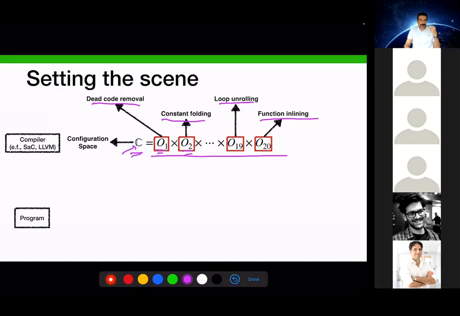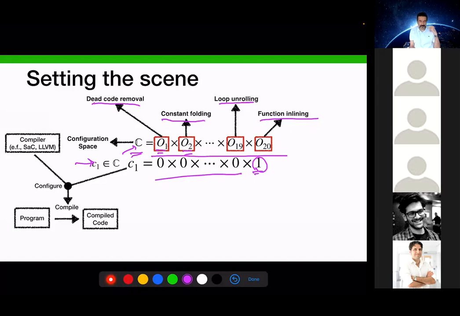And then we have a program for which we configure the compiler. In this case, we enable function inlining, and we disable all other optimizations available for this compiler. Then we compile this program with a specific configuration of this compiler, in this case C1.